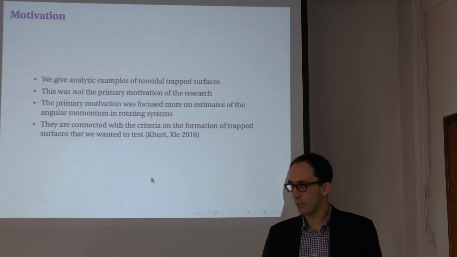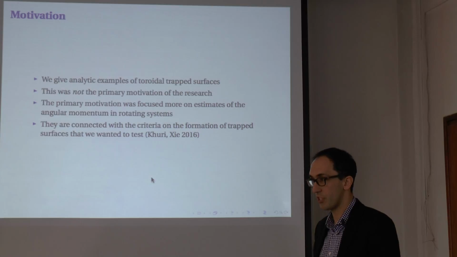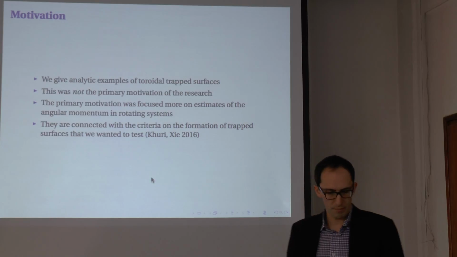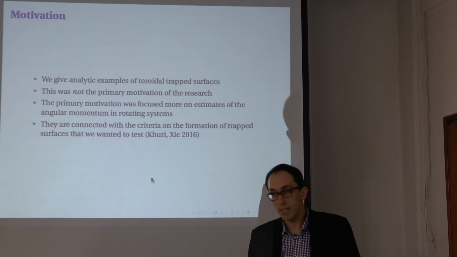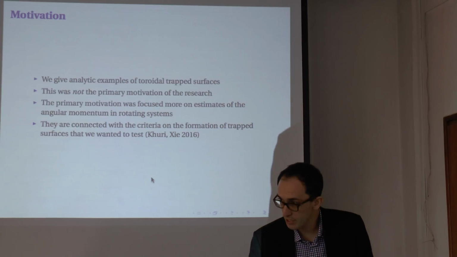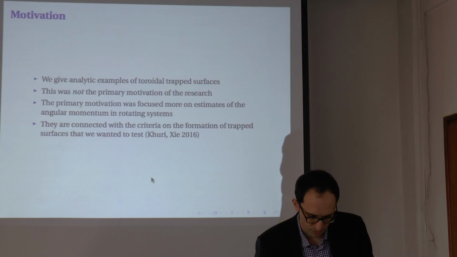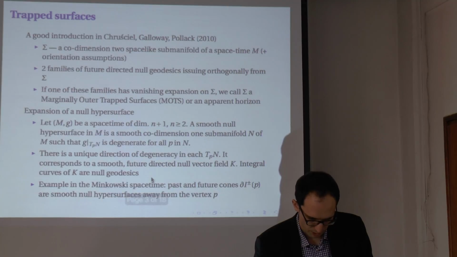Now the system we are investigating here is slightly different, and much simpler, and I will describe it in a minute. The main point is that we were quite surprised by the existence of those surfaces in this case, and I think it's a nice example worth showing here.